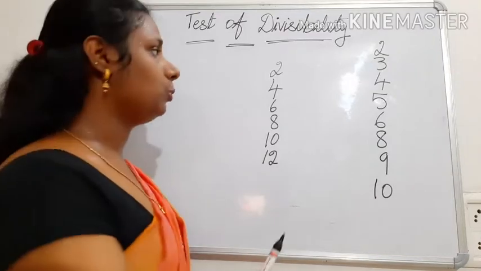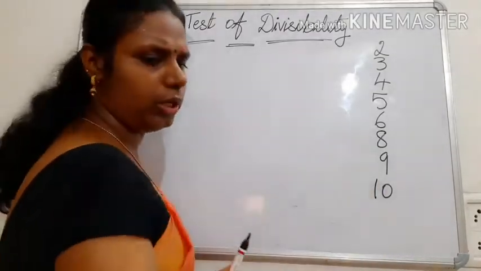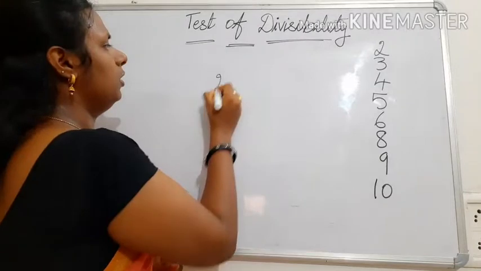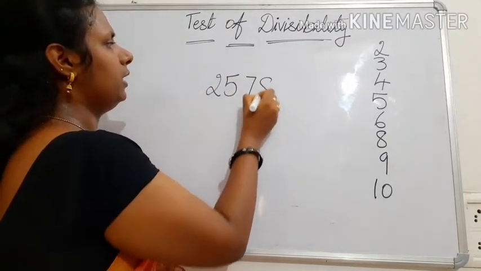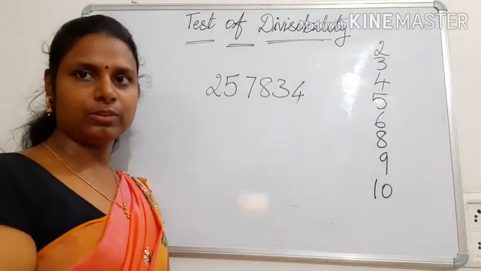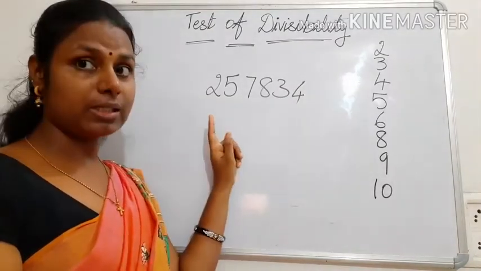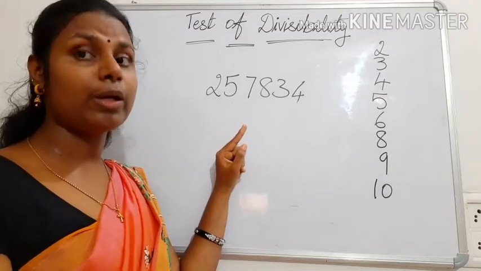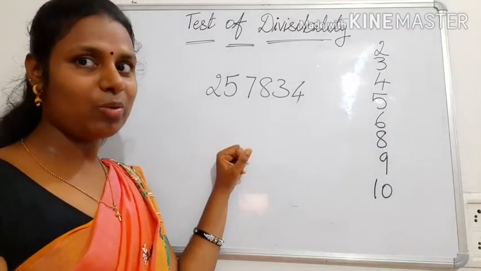So, any number you take, if I am taking 257834. This is the number. If I am asking whether this number is divisible by 2 or not, you have to find out.